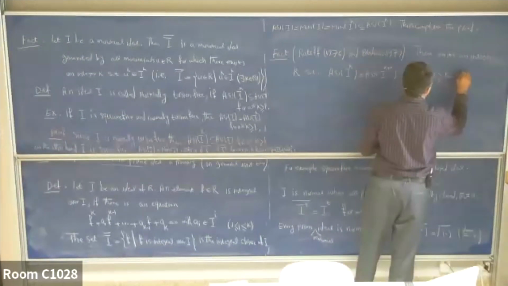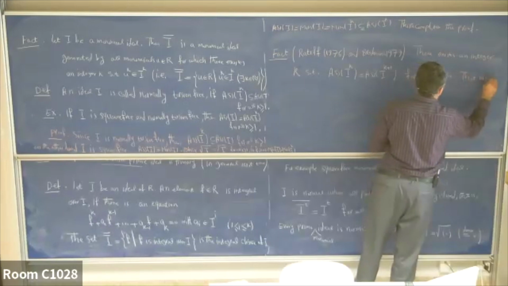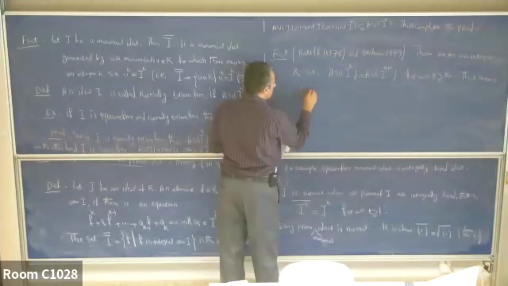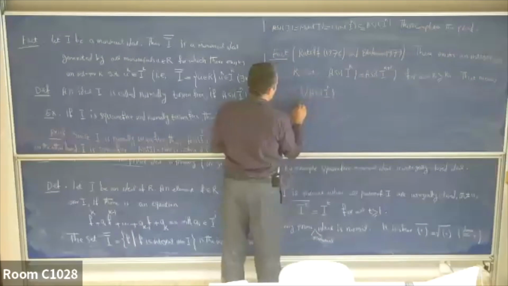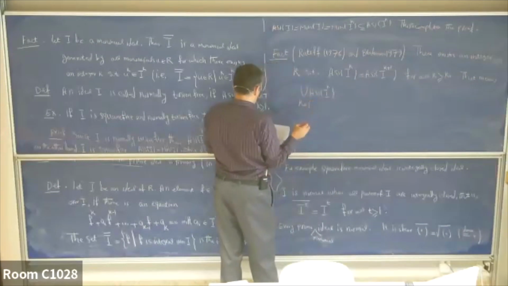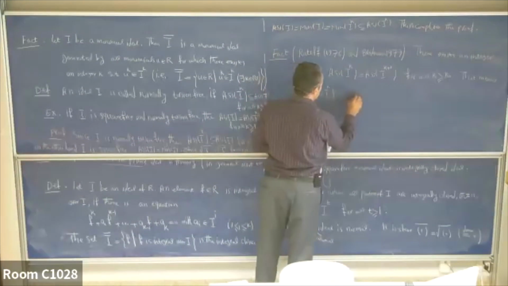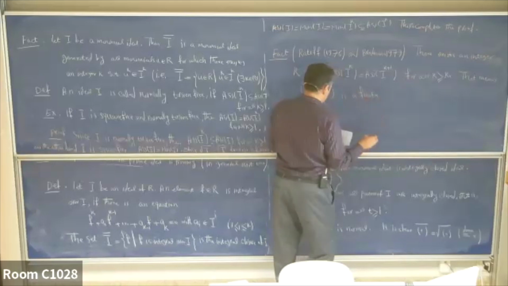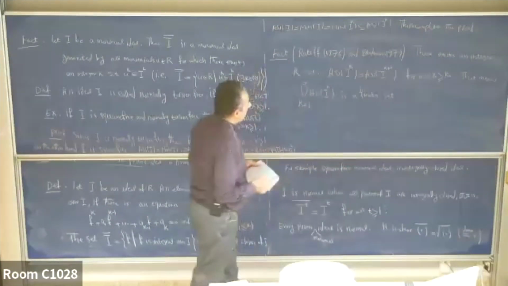That means this union of S of A^K, for K from 1 to infinity, is a finite set. It is a finite set.